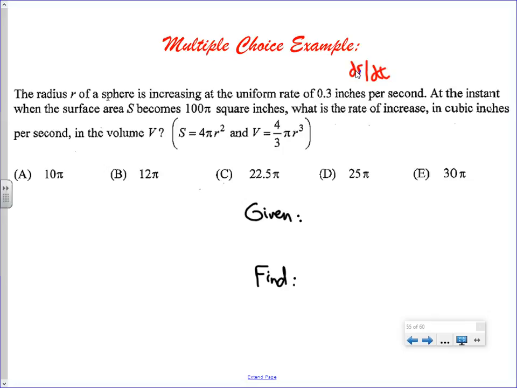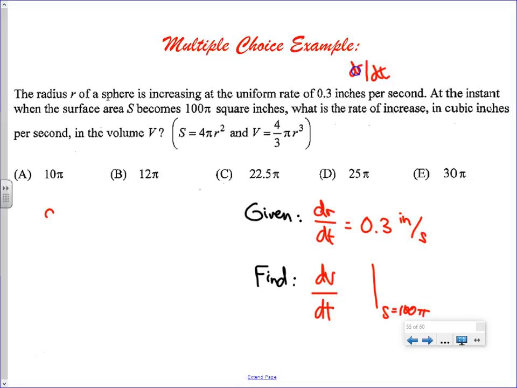We're given dR/dt equals 0.3, right? And that's a constant? At the uniform rate, yeah. And increasing, so it's going to be a positive 0.3 inches per second. At the instant such that surface area is 100 pi, what is the rate of increase of the volume, dV/dt?